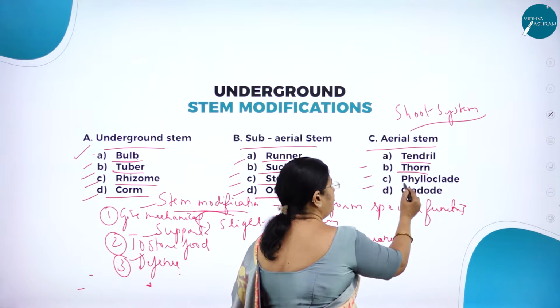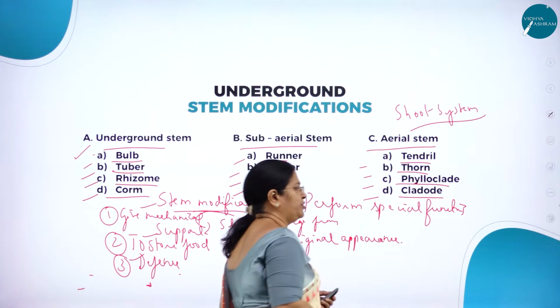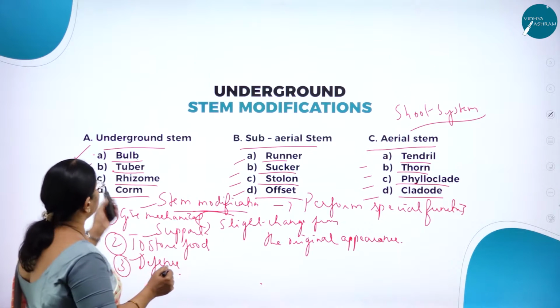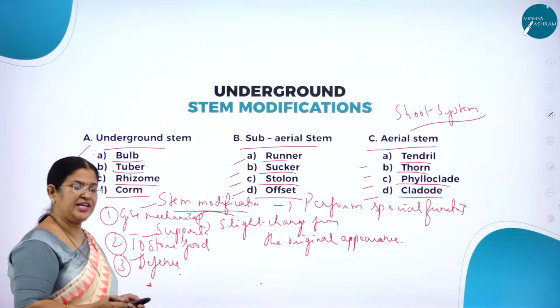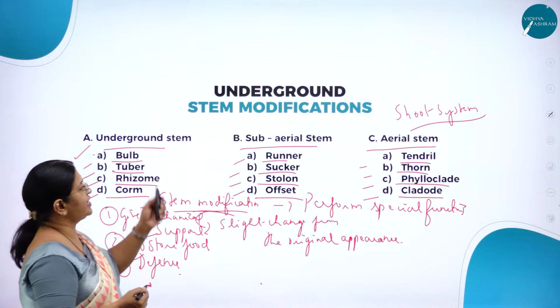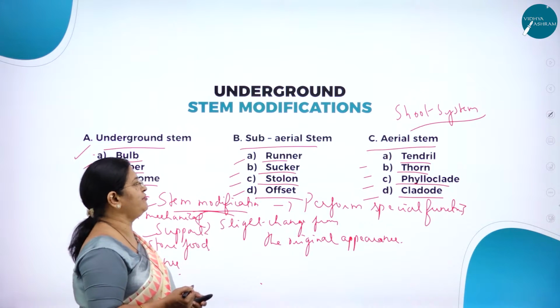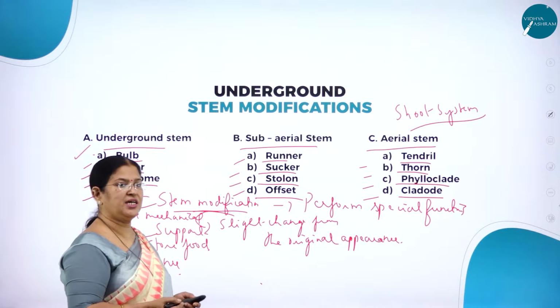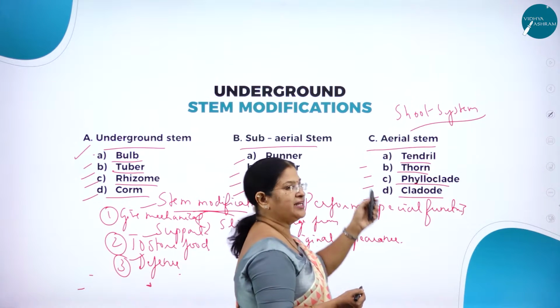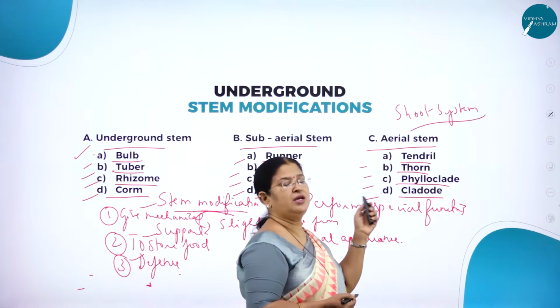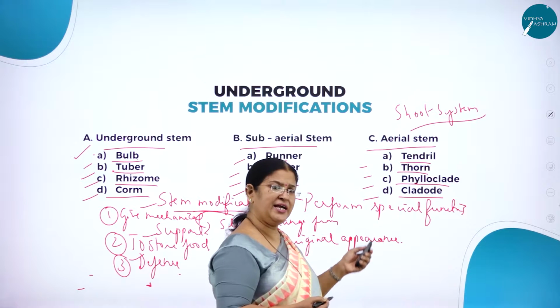Tendril, thorn, phylloclade and cladode. So what are the examples for underground stem modification? Bulb, tuber, rhizome and corm. What are the examples for subaerial stem modification? Runner, sucker, stolon and offset. What are the examples for aerial stem modification? Tendril, thorn, phylloclade and cladode.